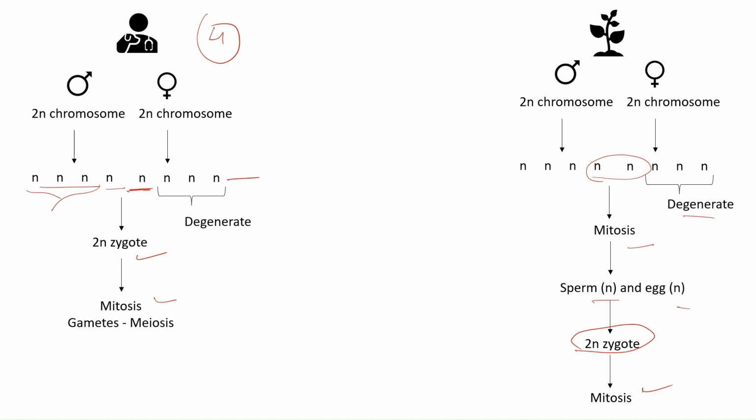So this is a little difference between animals and plants. In animals, they form a 2n zygote and then undergo mitosis. In plants, they undergo mitosis first, before combining these ends, separately. Then from there, some n will convert into sperm and some n will be egg. Then they combine to form a 2n zygote.